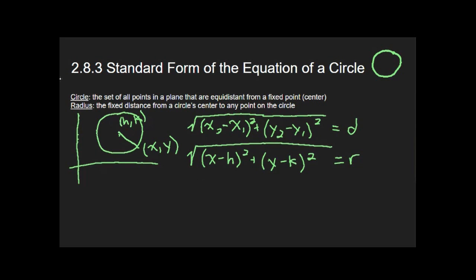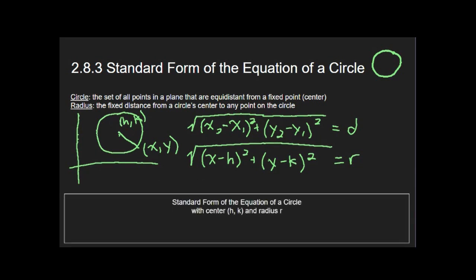So let's go ahead and add that to our notes. The standard form of the equation of a circle with the center (h, k) and a radius r is in the form of (x minus h) squared plus (y minus k) squared is equal to the radius squared.